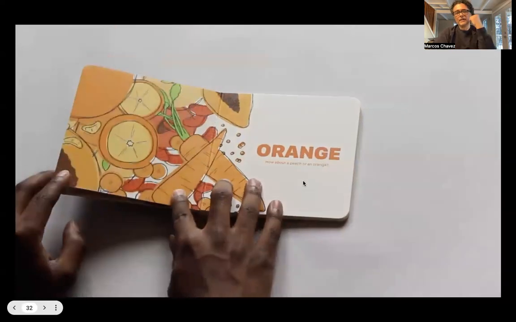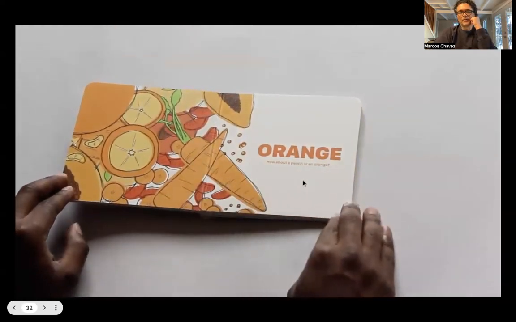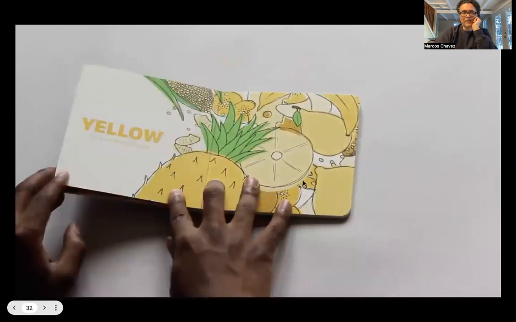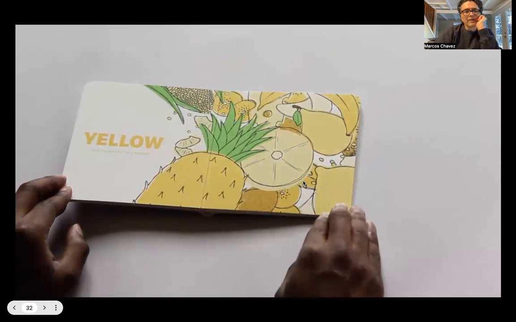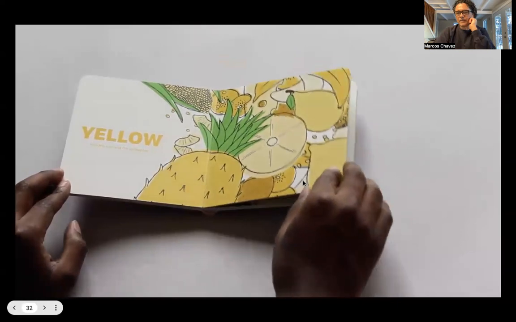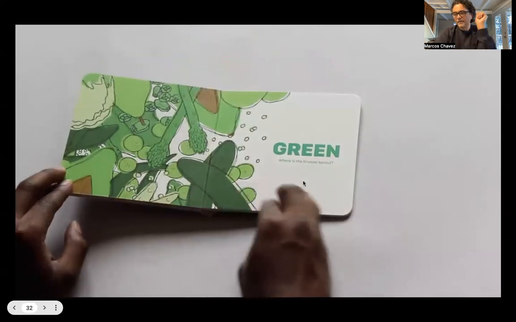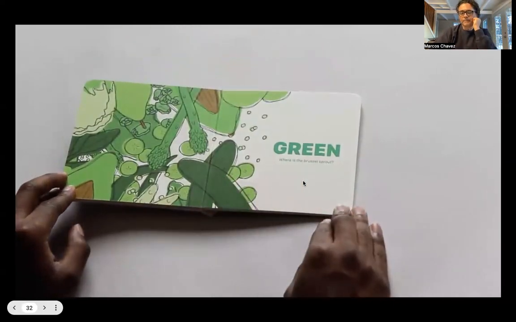Can you find the cherry? Can you find the peach or orange? So it's like a little game where you have to point out the elements that they're asking about in the text. So yellow, find the kiwi and the pineapple. And it gives activity and a chance for that hand to come out and for there to be movement and motion. So that's a really successful book.